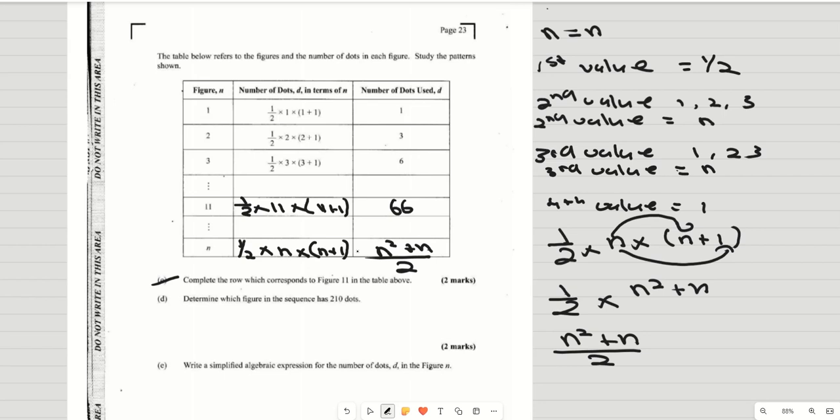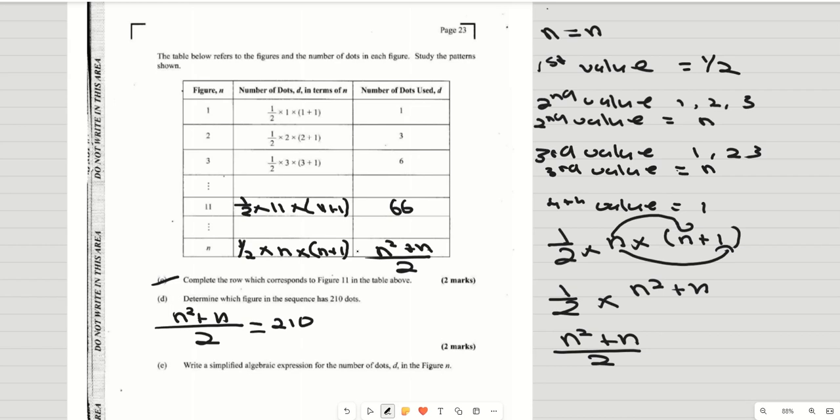They said determine which figure in the sequence has 210 dots. They're telling you that I want to know what n is equal to when the number of dots is equal to 210. So you're going to have n squared plus n all over 2 is equal to 210.